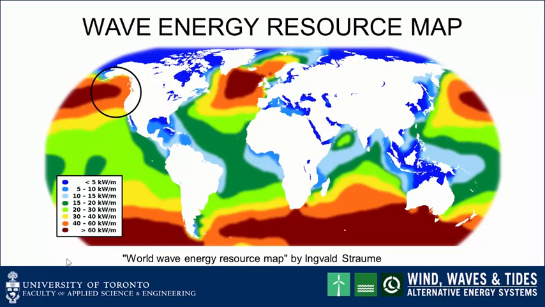So we can identify quite a number of places here which are prime candidates for wave energy. Starting from the left, we have the Pacific coast of Canada and parts of the northwestern United States and Alaska. We have the western coast of South America. That's certainly known as a windy area in marine history. We look at the North Atlantic again, Iceland, the UK, and some parts of the western coast of Europe.